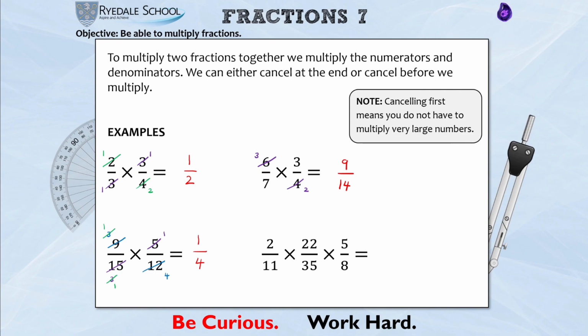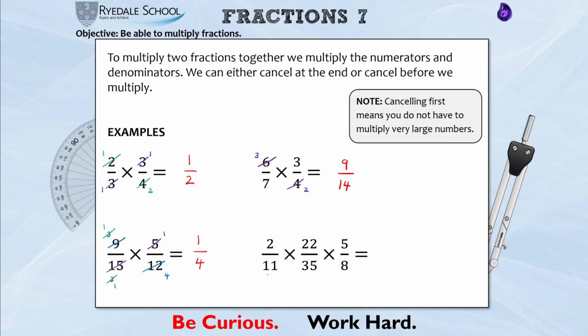Now this process also works with 3 fractions and more if you want to. However, you only ever divide one numerator with one denominator. So you can't cancel the 2, the 22 and the 8 because that would be cancelling 2 numbers with 1. So always do it one step at a time.